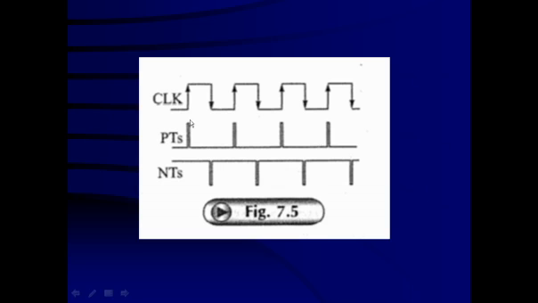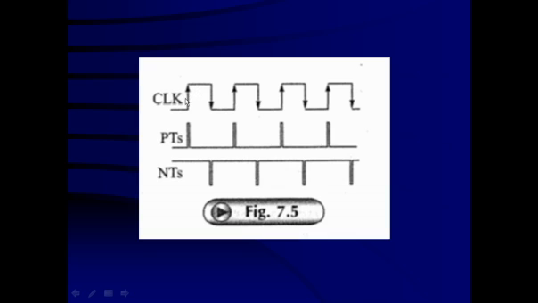You can see here, this is your clock waveform. The clock waveform makes a transition from low to high, which is shown by this upper arrow, and when the clock pulse makes a transition from high to low, which is shown by the down arrow, this is called the trailing edge of the clock pulse. This is known as the leading edge of the clock pulse.